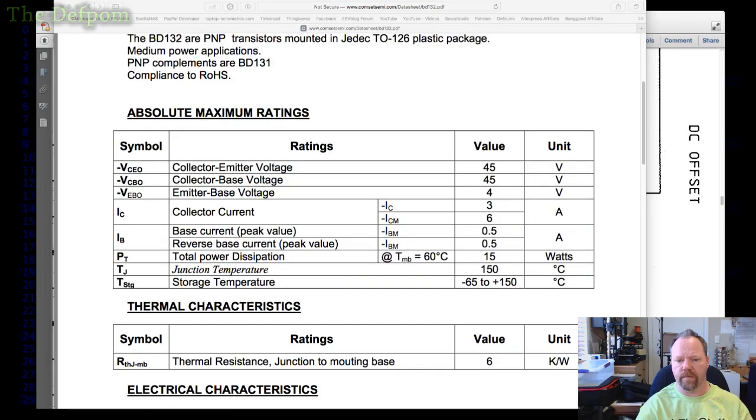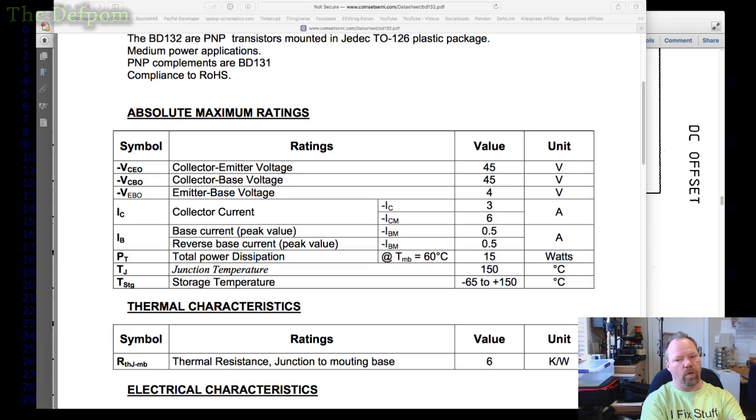How are the specs? BD140 can do 40 volts. Emitter base voltage 4 volts. Emitter base voltage 5 volts. Yep, so this is actually looking better. Collector current 3 amps or 6 amps.